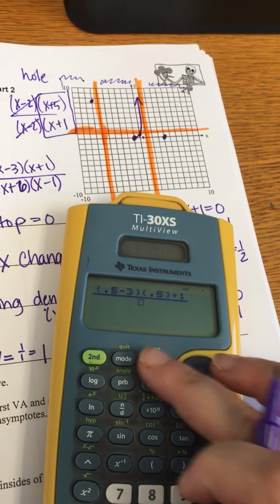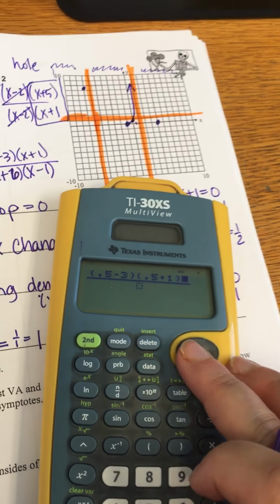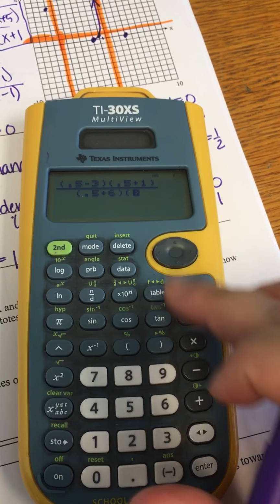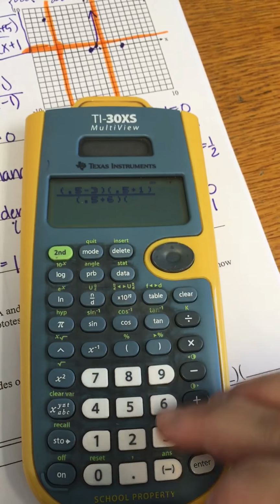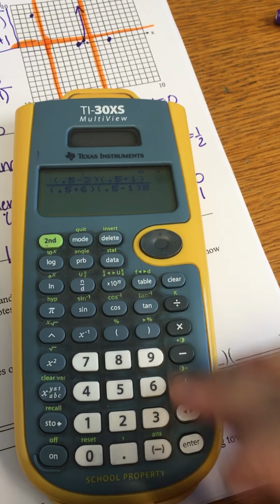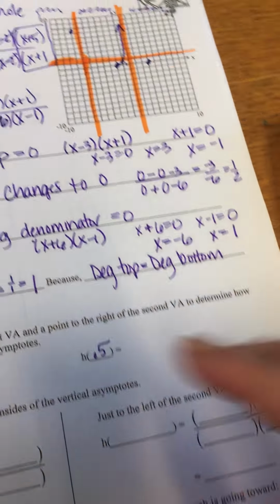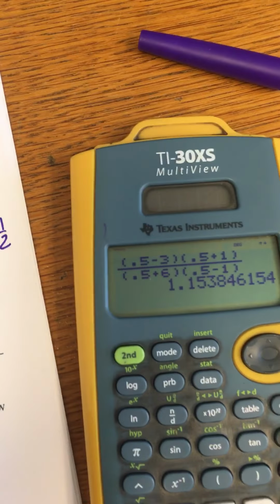Maybe I shouldn't do this one. Okay, the bottom part, 0.5 plus 6 times 0.5 minus 1. You can already see if you do 0.5, my calculator, while it may not be pretty, is giving you something above 1 for the value.